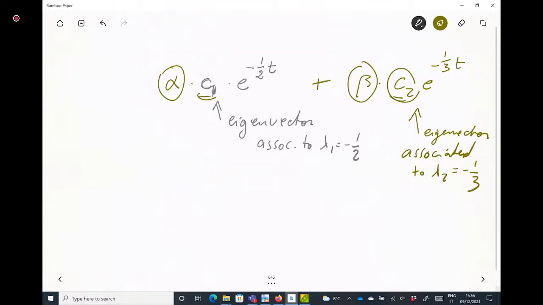Because the eigenvectors can be represented by alpha times a given vector or beta times another vector. Remember the first example. So we don't need to put this here. This is already a linear combination of two basic solutions corresponding to the two different eigenvalues.